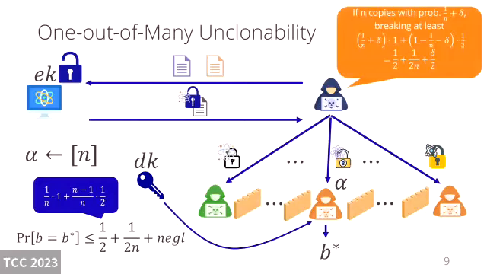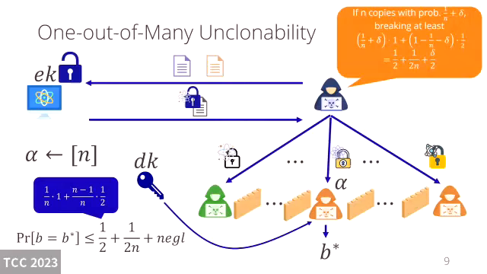And this security means the following. The adversary cannot generate n copies with probability 1 over n plus delta. Why? If the adversary succeeds in generating n copies, then the adversary can win this game with probability 1.